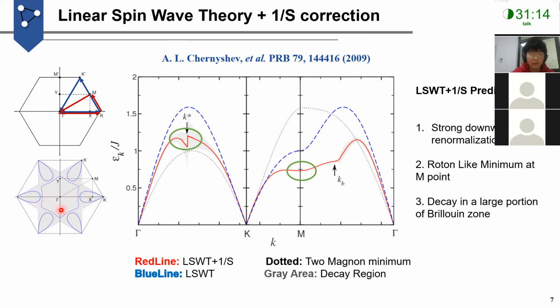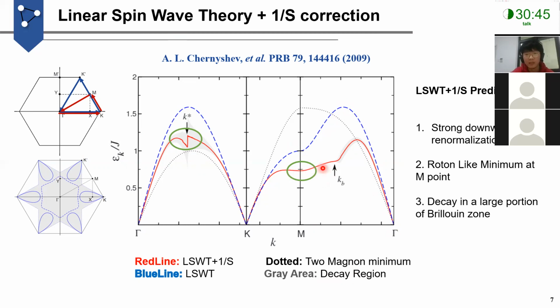It fills a lot of the Brillouin zone, and the central figure shows the prediction of the 1/S corrections along the momentum path as shown by the arrows on the right. It can be clearly seen that the red line is the 1/S corrections, and the blue dotted line is the linear spin wave theory prediction, and the gray areas indicate the decay regions predicted by the 1/S corrections.